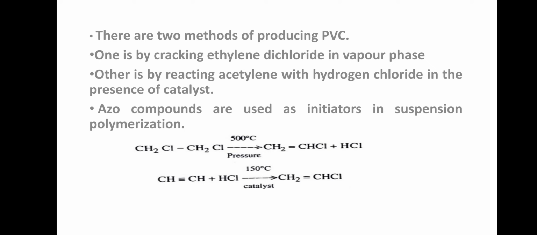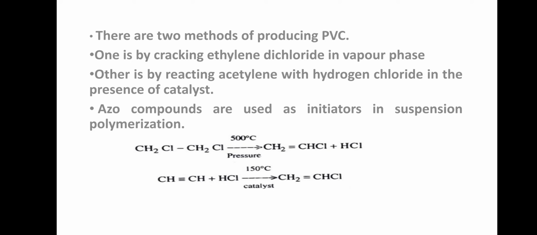There are two methods of producing PVC. First method, by cracking ethylene dichloride. Ethylene dichloride is CH2Cl-CH2Cl. In the presence of pressure and 500 degrees Celsius, it can be cracked down into vinyl chloride, CH2=CHCl, plus hydrochloric acid.